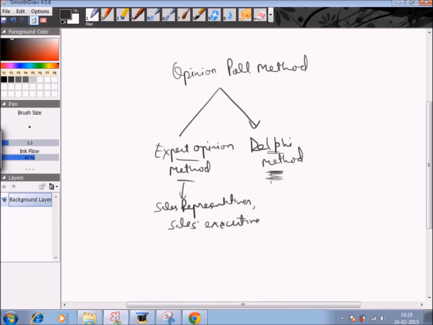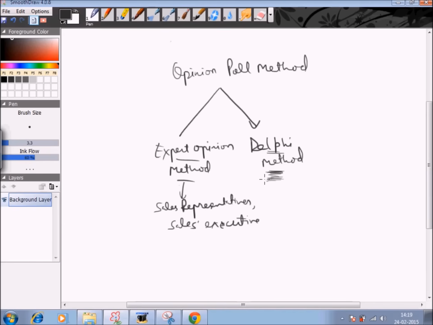Then in the second round, the facilitator, on the basis of the answers provided by the experts, summarizes them and presents the summary to all the experts. Again, the same questionnaire is presented in round 2 and they are asked to revise their answers based on the summary provided in the first round.